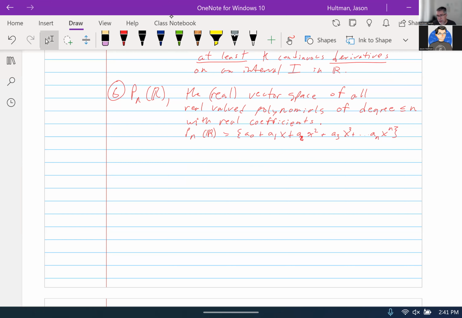Okay, and so we can add polynomials together by combining their like terms, and we can multiply polynomials through by a constant, which just means that I would distribute it to each term. So scalar multiplication and addition work similarly to vector addition and vector scalar multiplication.